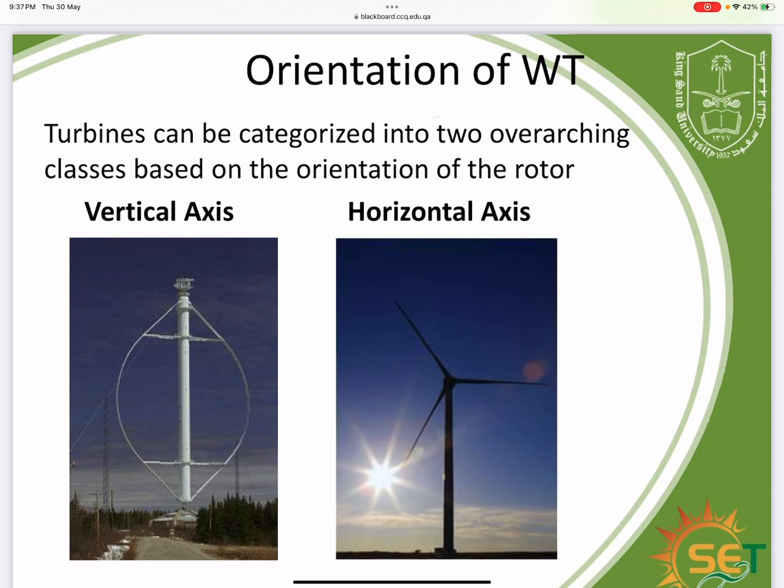The advantage of vertical axis is that it doesn't need to be oriented into the wind, simplifying design and eliminating the need for a yaw mechanism. So it's up to you. Each one has its own characteristics and advantages.